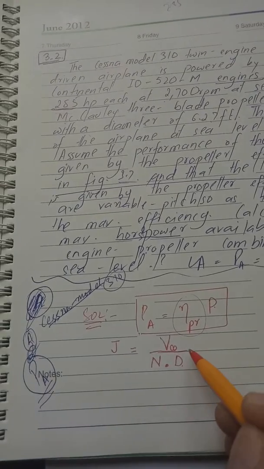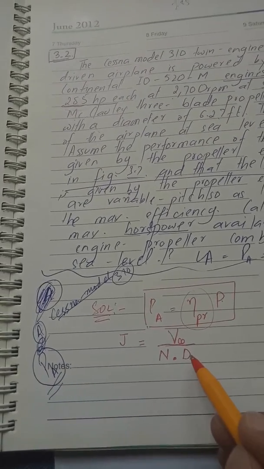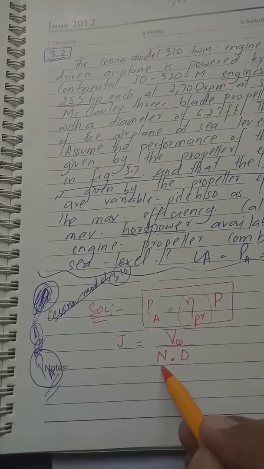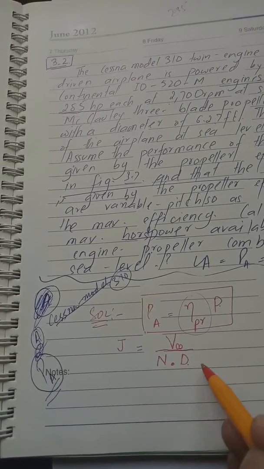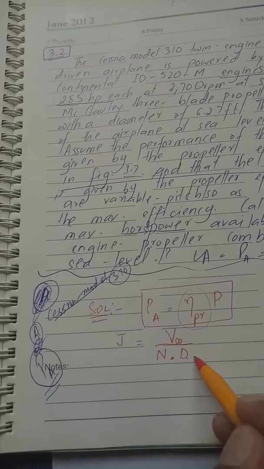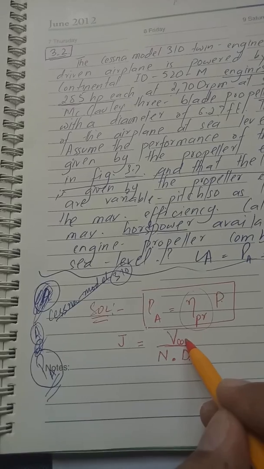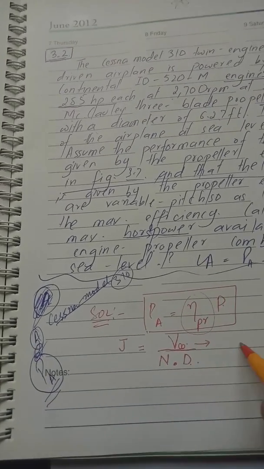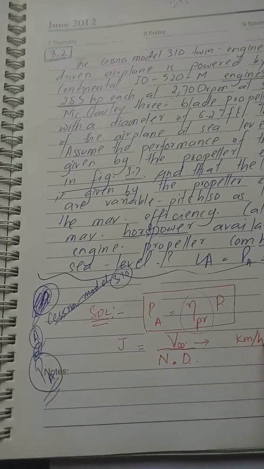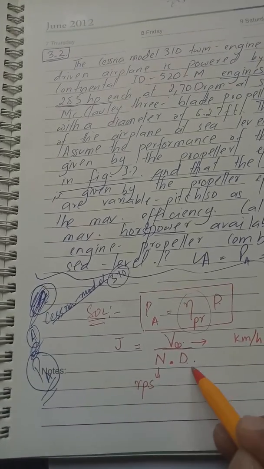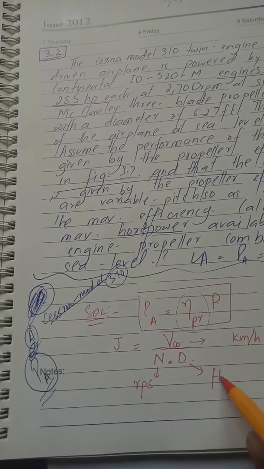Okay, so that is how you're going to have that ratio. So this is revolutions per second, this is the diameter in feet, and velocity normally would be explained in kilometers per hour. So the units would be kilometers per hour, revolutions per second, and feet.